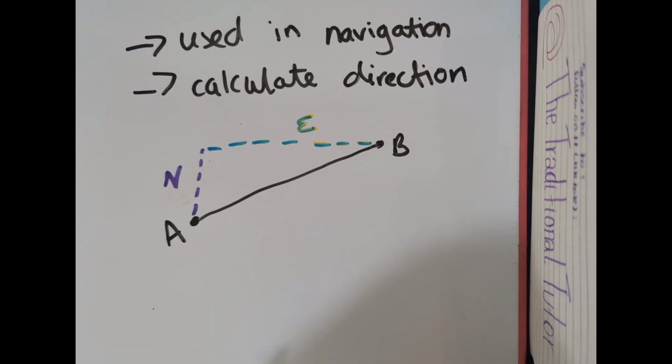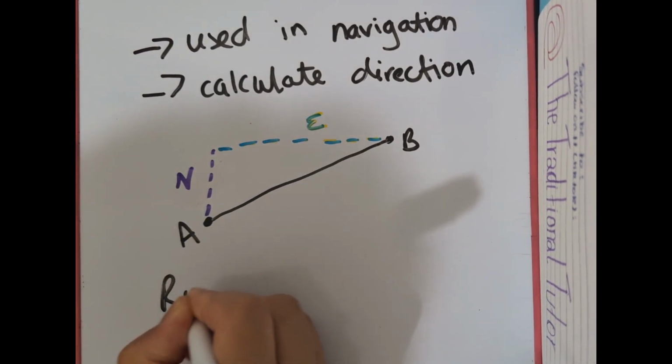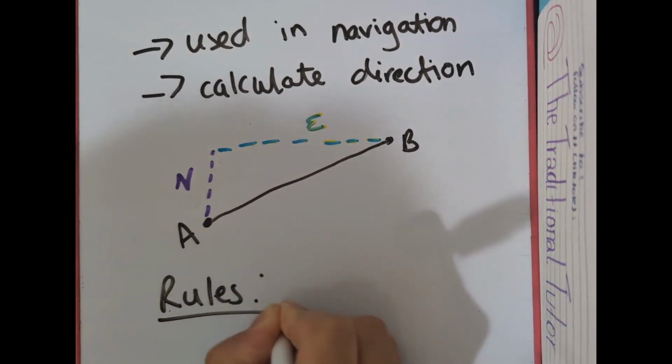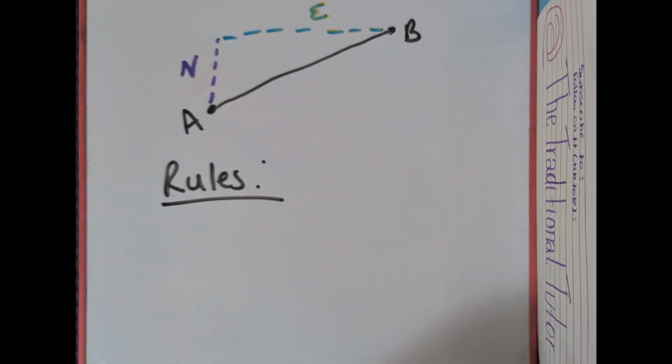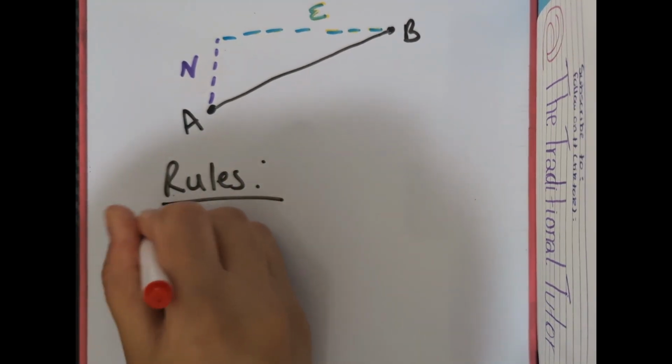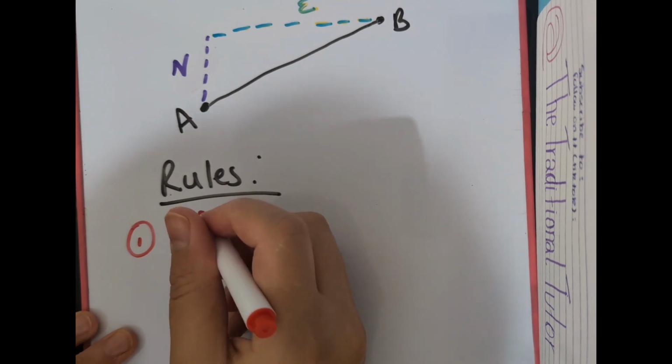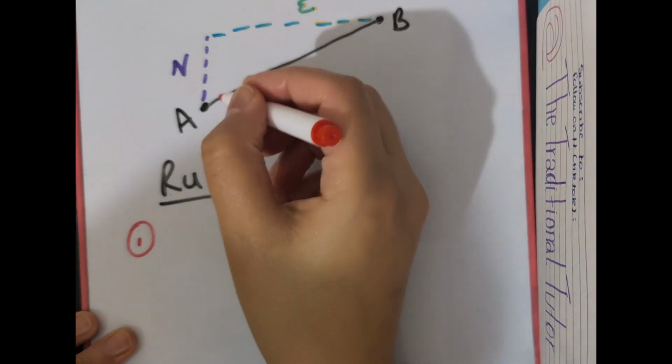So the three main rules for bearings are as follows. I want you to really pay attention to these three rules because they are the main foundation of bearings, and they are the three things that you always need to bear in mind when you're calculating and working them out. So number one is that you always measure the angle from north.